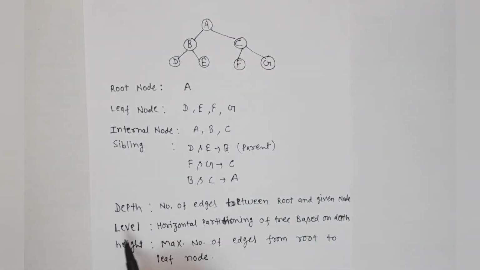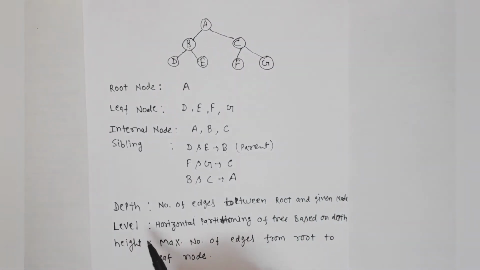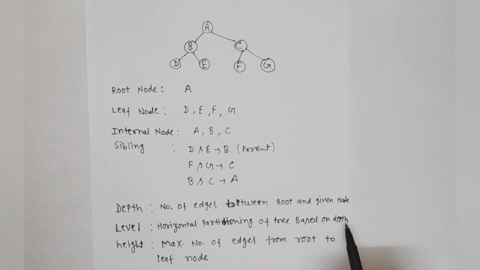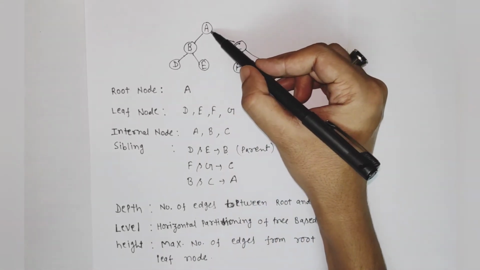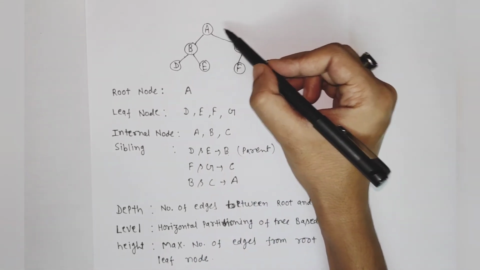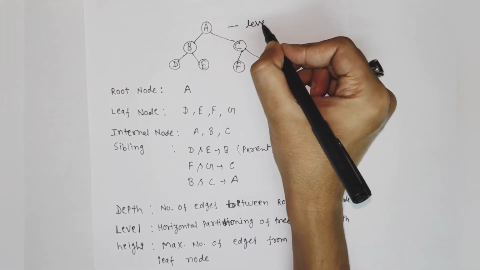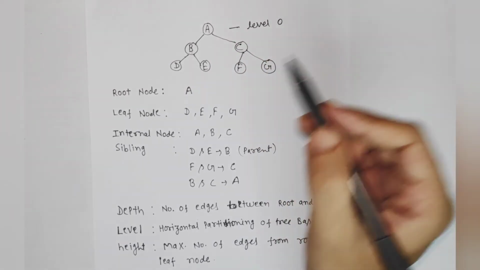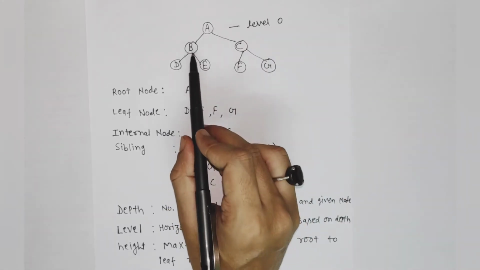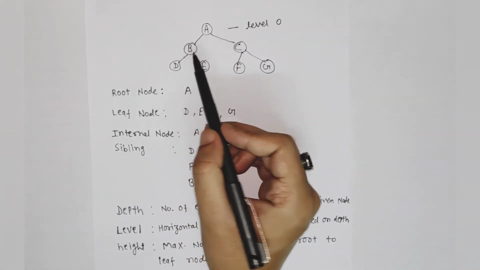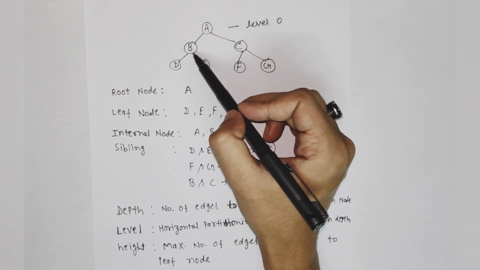Now let's see level. So horizontal partitioning of tree based on depth is called level. So here you can see that this is our level 0. Now here you can see B and C are at the same level because they are sharing the same depth.